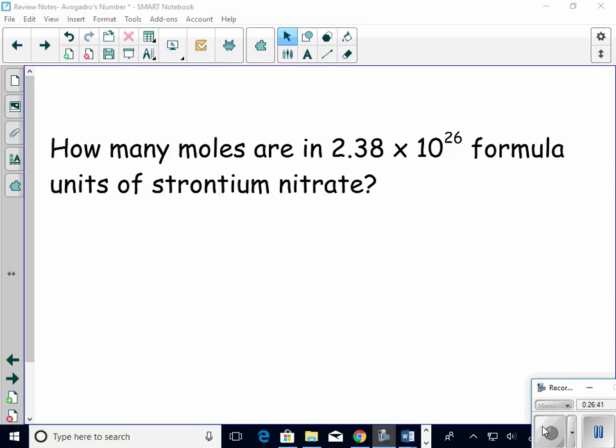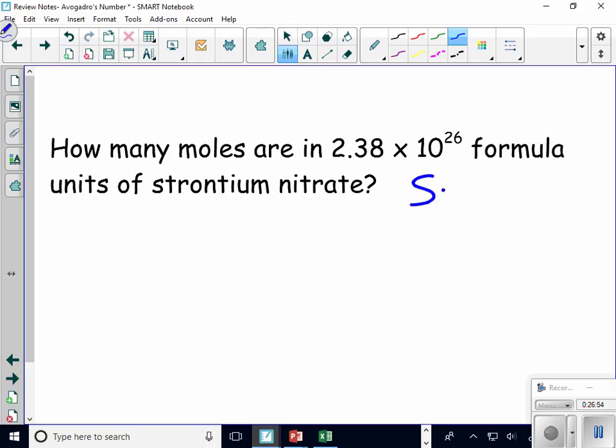The question is, how many moles are in 2.38 times 10 to the 26 formula units of strontium nitrate? Strontium is a 2+. The polyatomic nitrate is a 1-. So strontium nitrate is Sr(NO3)2.